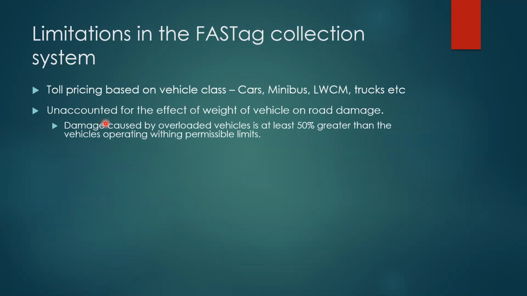A study made by the American Society of Civil Engineers says that the damage caused by an overloaded vehicle is at least 50% greater than that of vehicles operating within the permissible limits. So this method of toll pricing based on class does not account for the weight of the vehicle. Say a fully loaded truck and an empty truck have a significant difference in weight. So that difference in weight is not accommodated in the current toll collection system.